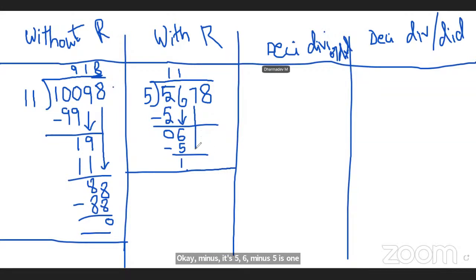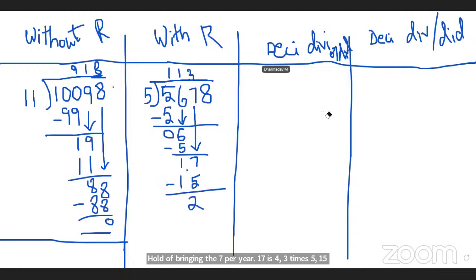Bringing the 7 over here, 17 is 3 times, and 15. Subtracting them both, you get 2. And then I bring down the 8. The nearest number is 5. So 25. So I get the remainder as 3.